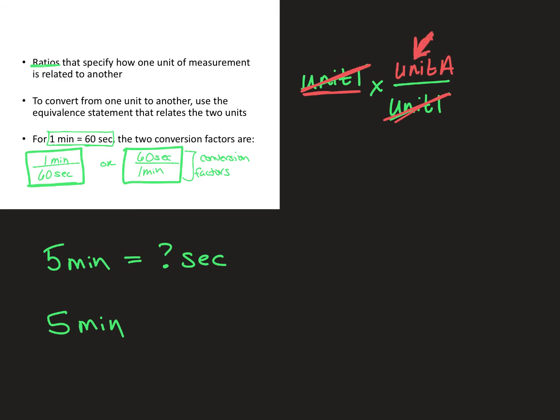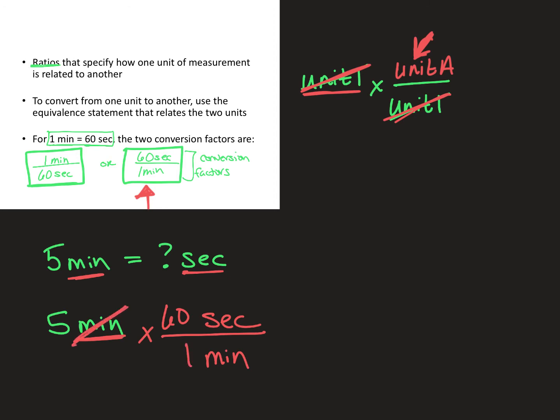So let's see that with units we know. Minutes is currently on top. To get rid of those minutes, which I no longer want, I'm going to put minutes on the bottom of my conversion factor. That's where I'm starting. And then where I'm going will go on the top of the conversion. So I'm going to recognize that this is the conversion factor I'm using: 60 seconds on top, 1 minute on bottom.